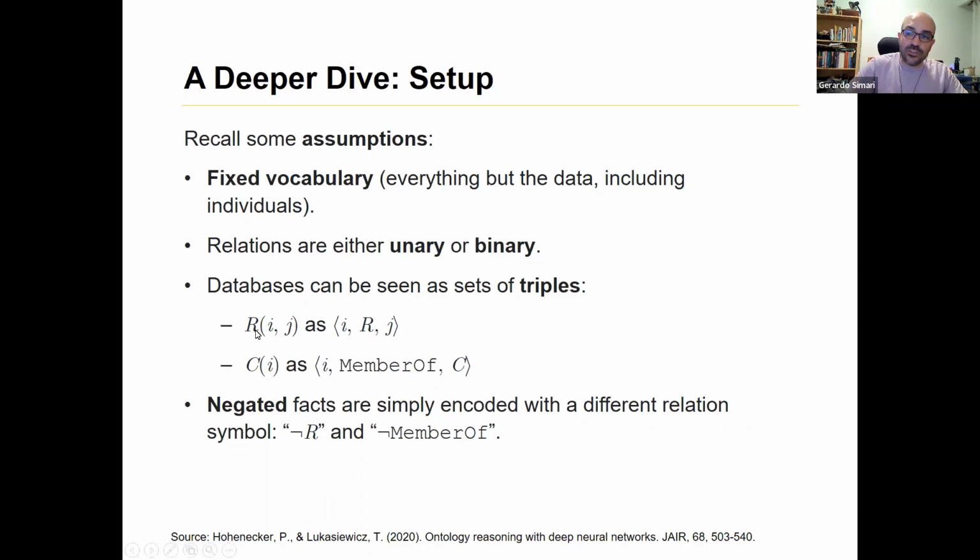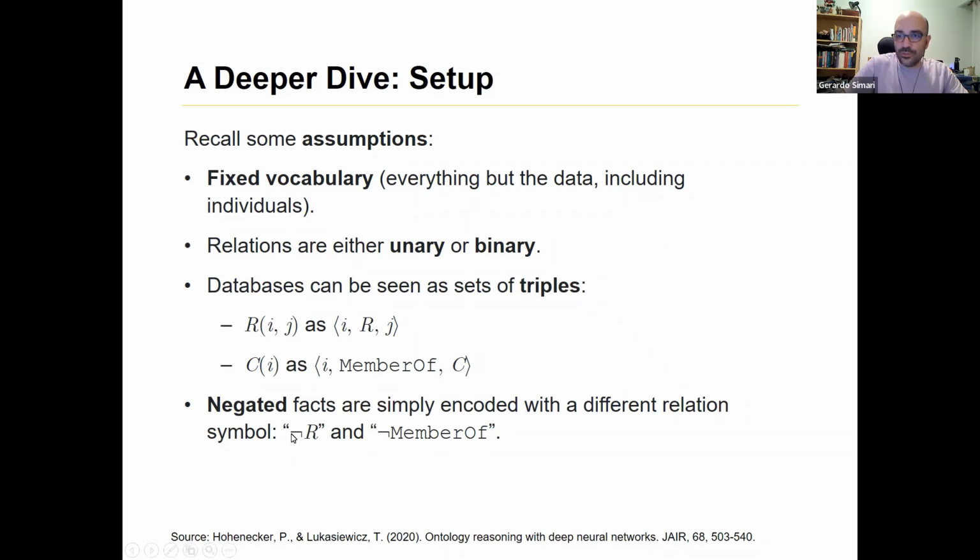So a relationship R involving individuals I and J is simply I, relation R, and J, and a class membership is simply a reserved relation where I is a member of C. And negated facts are simply encoded with different relation symbols.